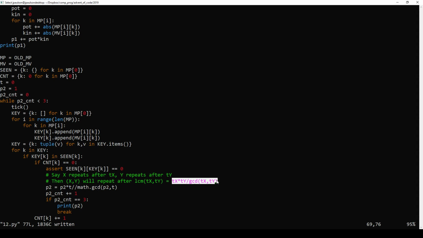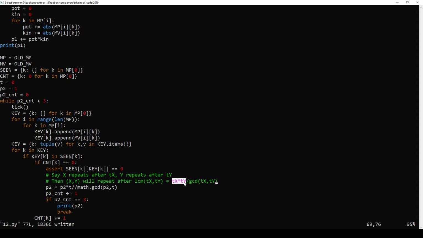So the LCM is supposed to be a multiple of both of them. So certainly tx times ty is a multiple of both of them, but there may be some wasted repetition there.